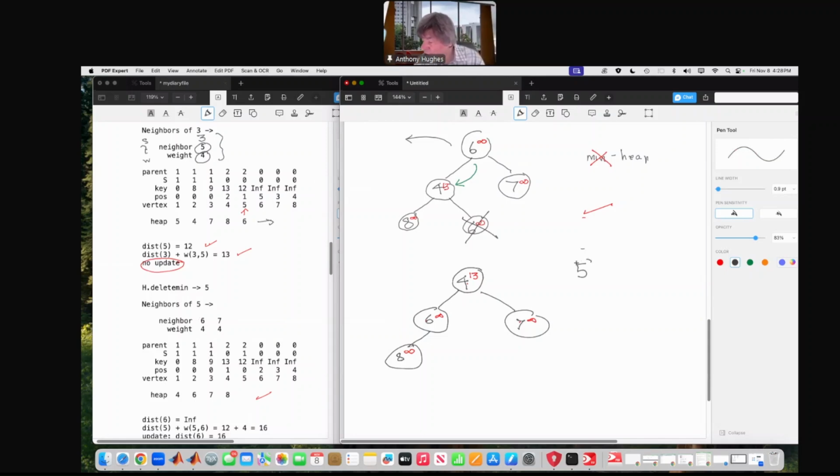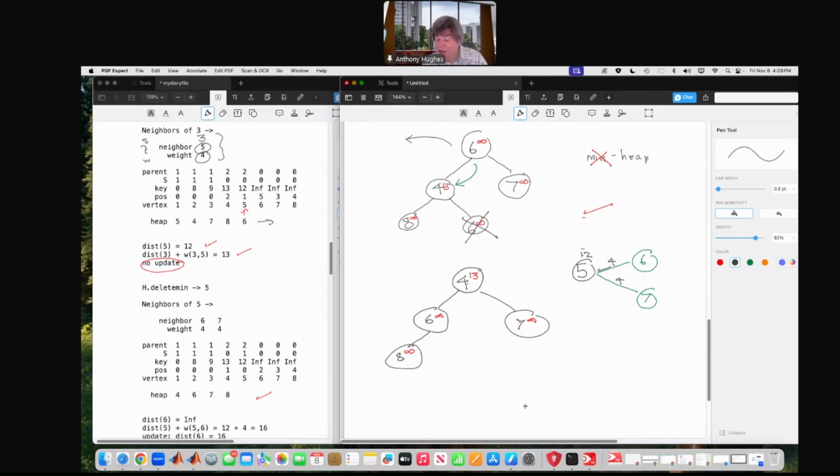The neighbors of 5 are 6 and 7. And the weights are 4 and 4. The weight of 5 was 12. And we've got 4 to 6 and 4 to 7.